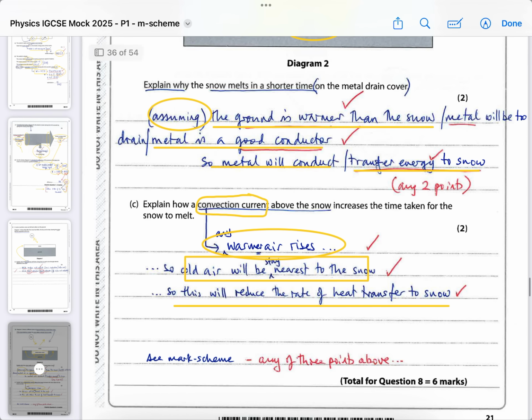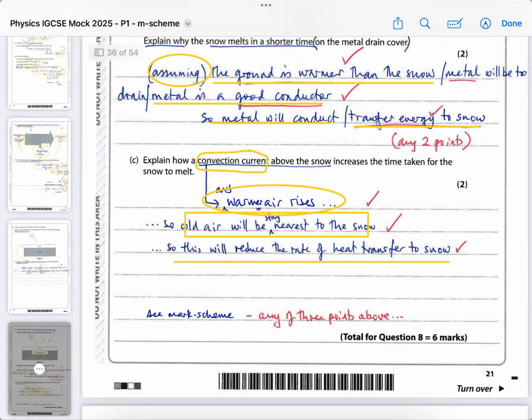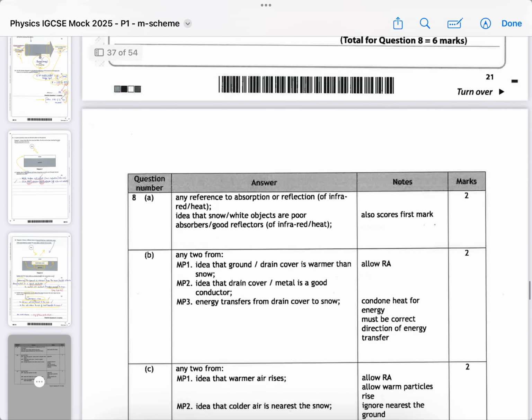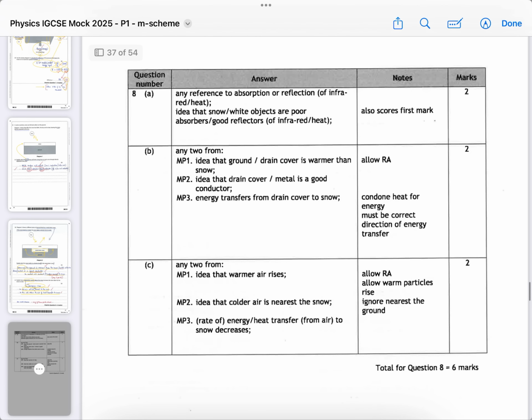So conduction, convection, and radiation are some of the most difficult questions to make sure your language is used concisely, clearly and precisely. So the mark scheme for these 3 points above: A is reflection. These are the key terms.